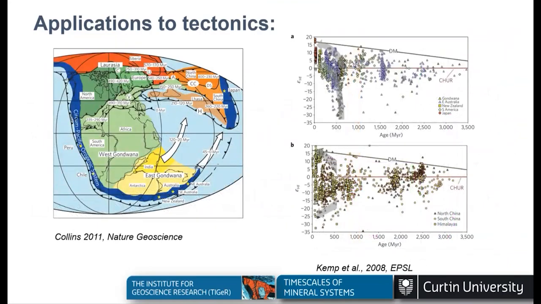Paul then went on to apply this to a much grander scale. So they had a paper in Nature Geoscience where they suggested that you can distinguish different types of ocean basins essentially using these time resolved hafnium isotope signals.